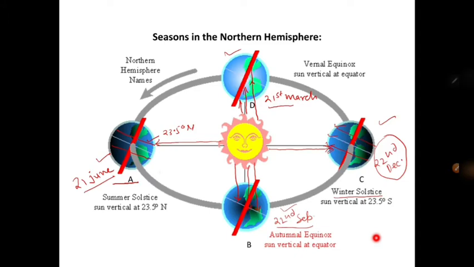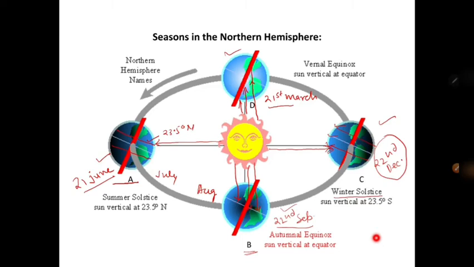Then again July, August, and on 22nd September, when it reaches position B, the sun shines vertically on the equator. So, this is the autumn season in the northern hemisphere.